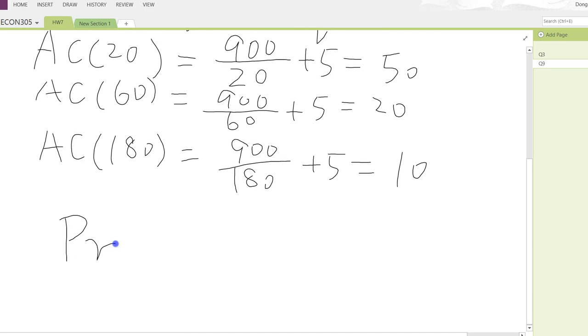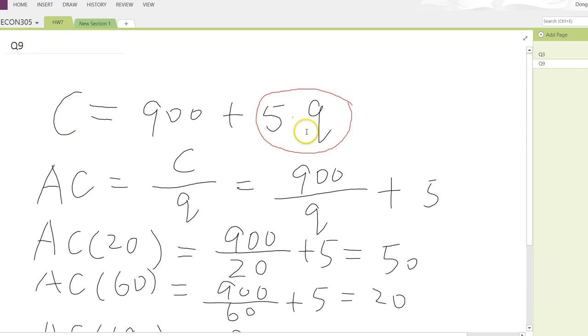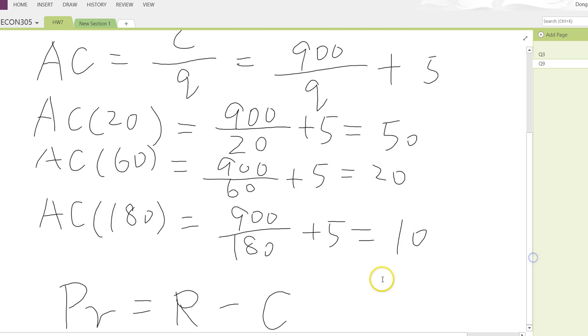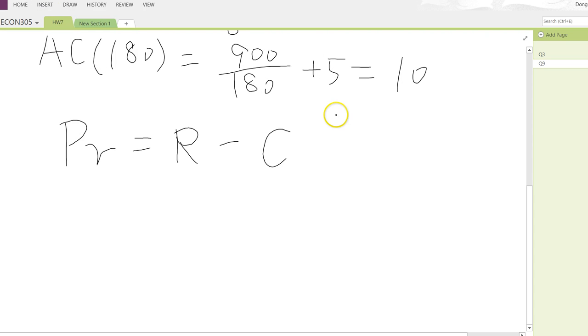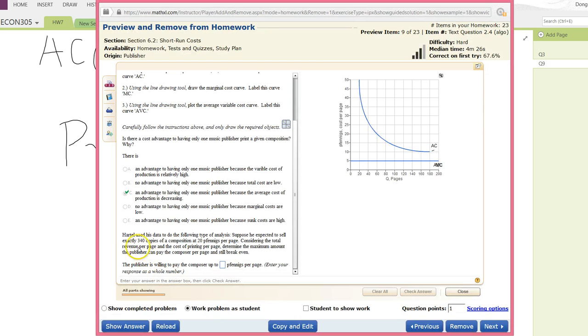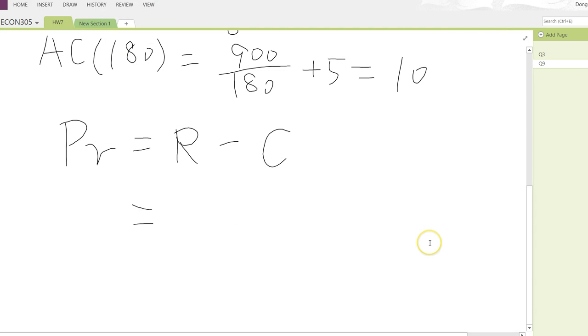Profit equals revenue minus cost, and the cost is the total cost as we just wrote here. And the revenue, based on the setup, is 340 copies of a composition at 20 pfennigs per page, so it's 340 times 20.